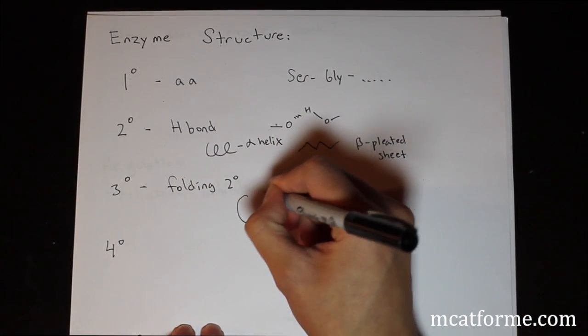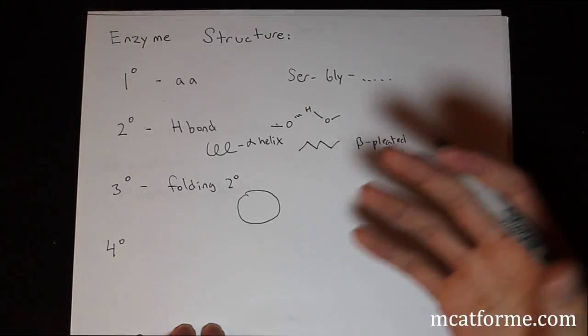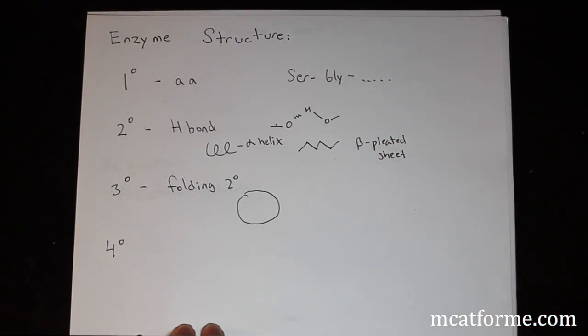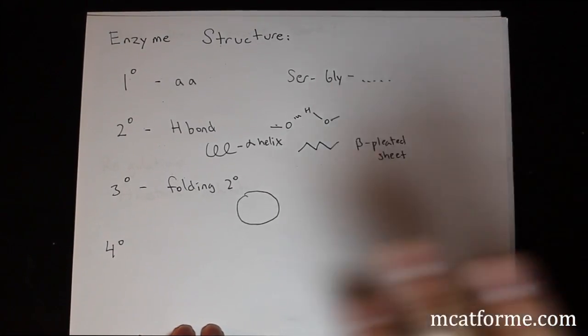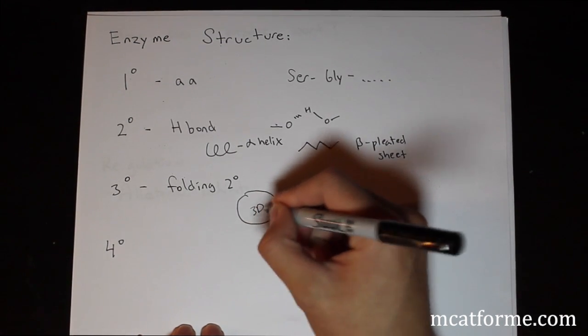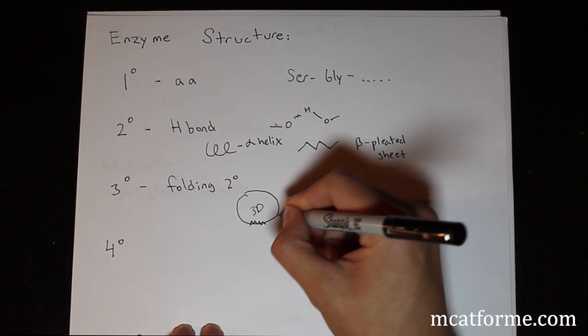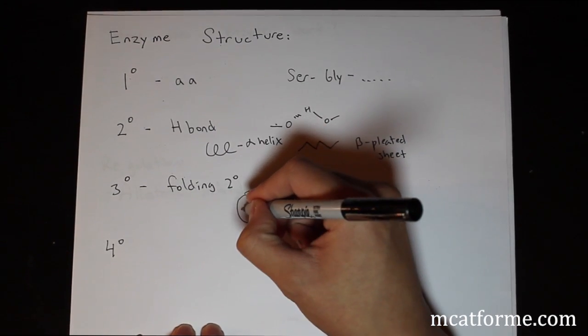We can imagine something like a round little ball, which is what we normally see in these enzyme diagrams, and we can rotate it around. That would be the tertiary structure. There'd be a bunch of beta pleated sheets and alpha helixes surrounding it and also within.